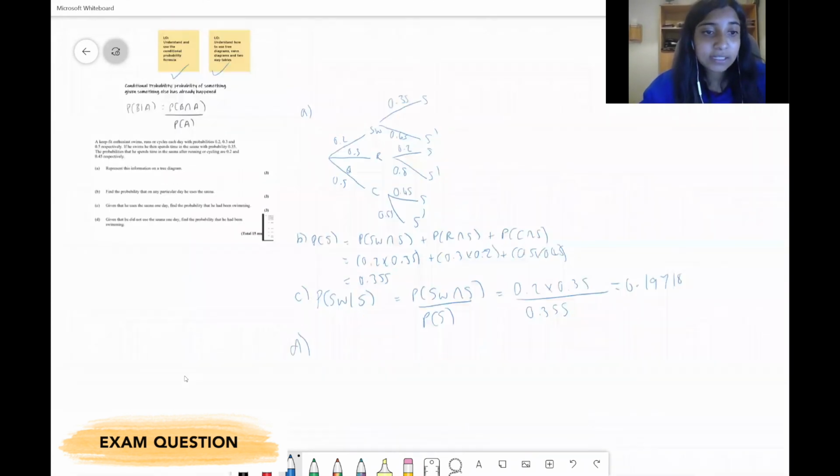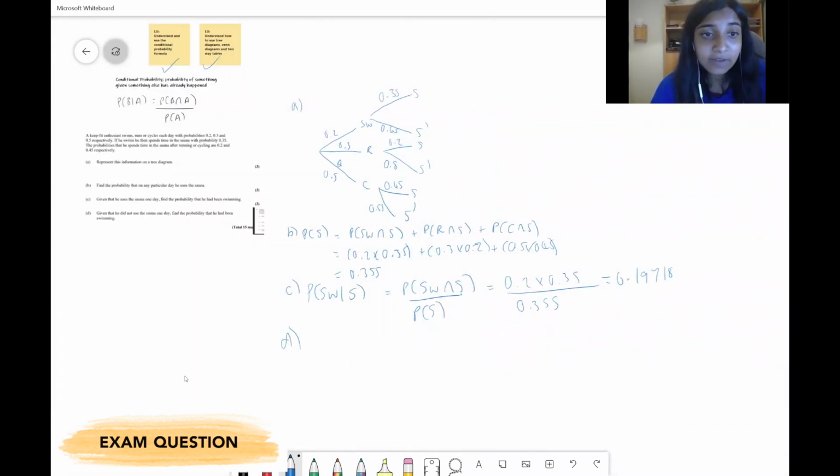So now lastly, part D. Given that he did not use the sauna one day, find the probability that he had been swimming. So we're going to find the probability that he had been swimming given he did not use the sauna. So that's just the probability that he was swimming and did not use the sauna, all over the probability that he did not use the sauna. So the probability he swam and did not use the sauna, that's just 0.2 times 0.65.